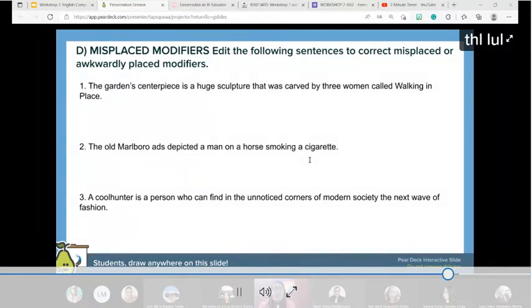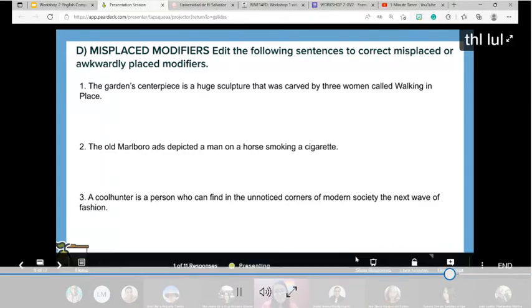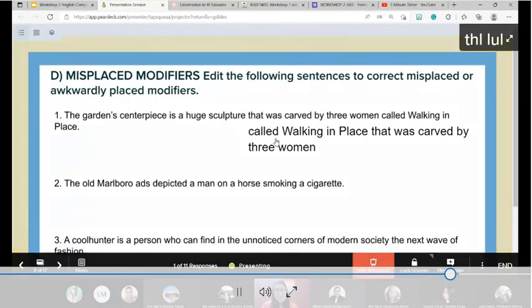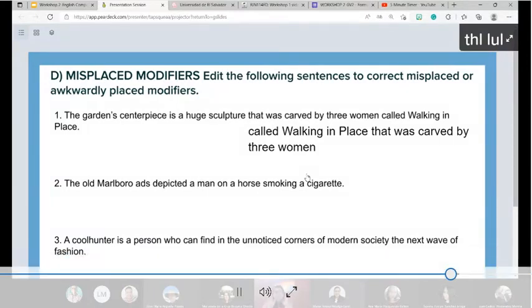The garden centerpiece is a huge sculpture called Walking in Place that was carved by 3 women. Good. You will see the answer in a moment. So think about a puzzle. When we are identifying misplaced modifiers, your sentence is a puzzle.